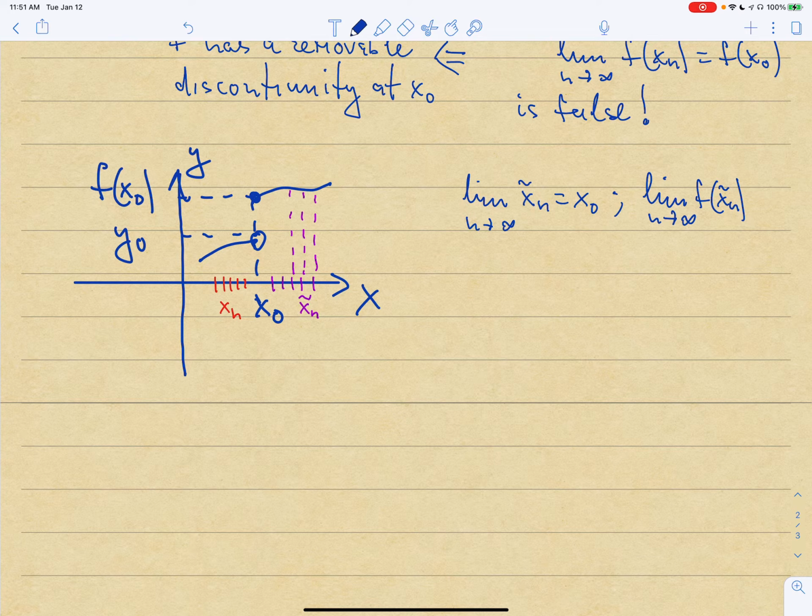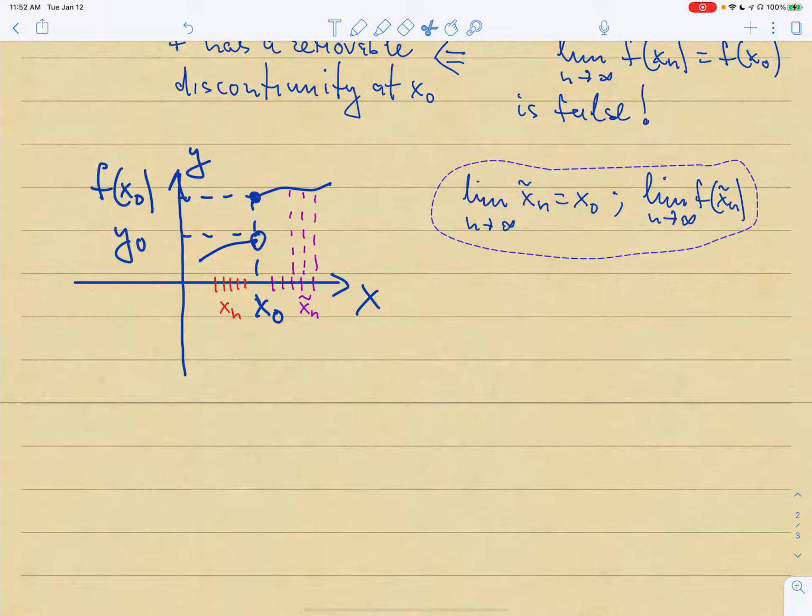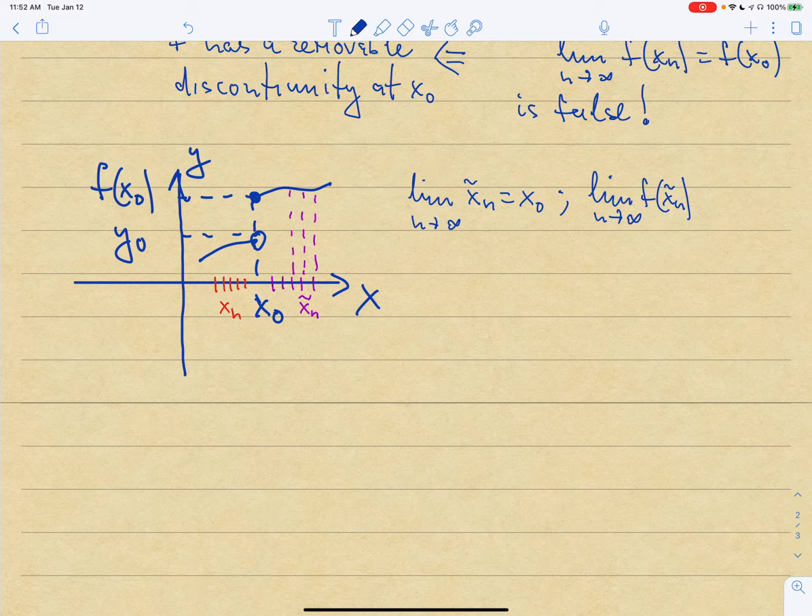And clearly, if I follow these points, they approach the point f of x0. So if xn tilde goes to x0 from above, then the limit of f of xn tilde is going to be f of x0, which is kind of nice, right? Because that's the definition of continuity: if a sequence along the x-axis goes to x0, then the corresponding sequence along the y-axis goes to y0.